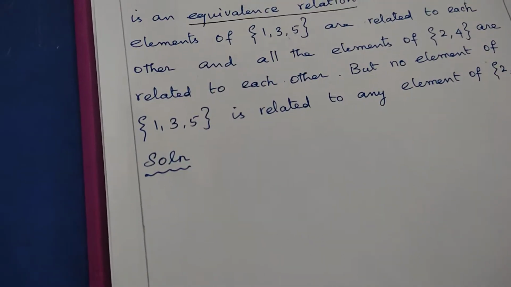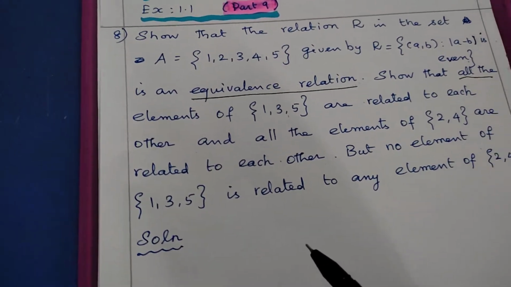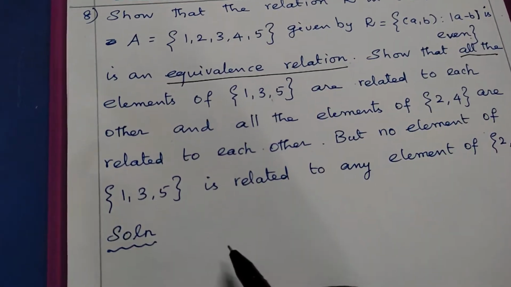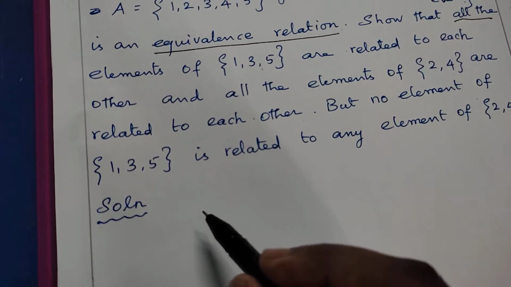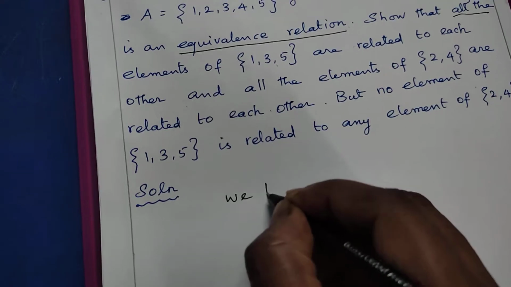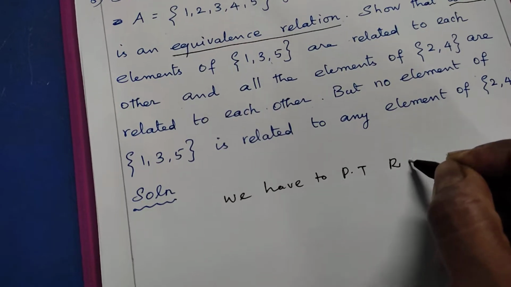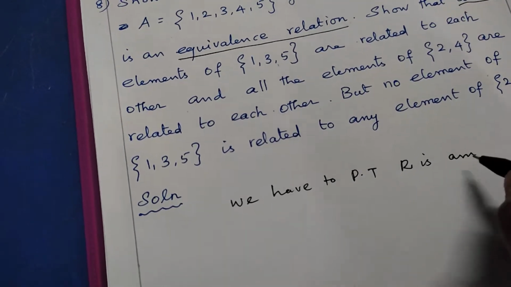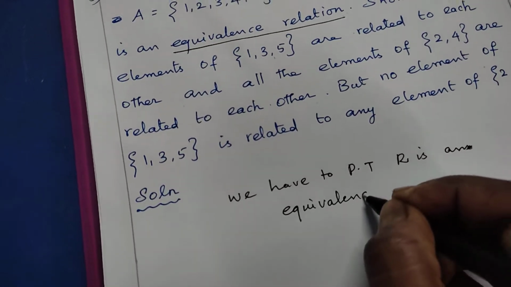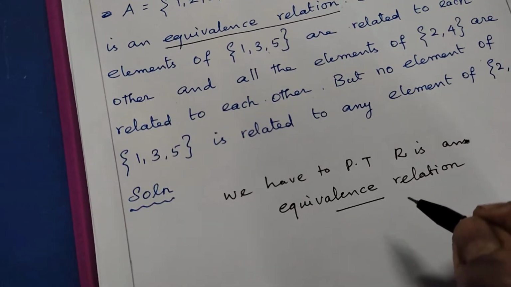Okay, solution. Given that, for the first part we have to prove that R is an equivalence relation. Equivalence relation means what here?